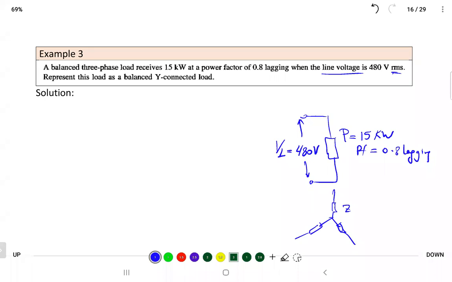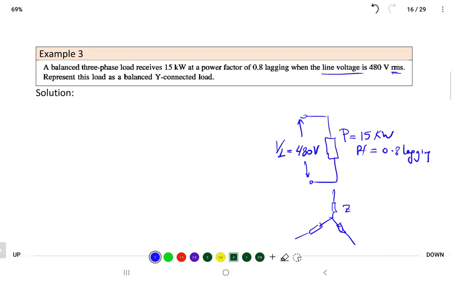There is a relationship between the impedance, the voltage and the current. When you tackle this problem, you ask: I want to find Z, so what information do I need? You cannot get Z per line, only per phase.